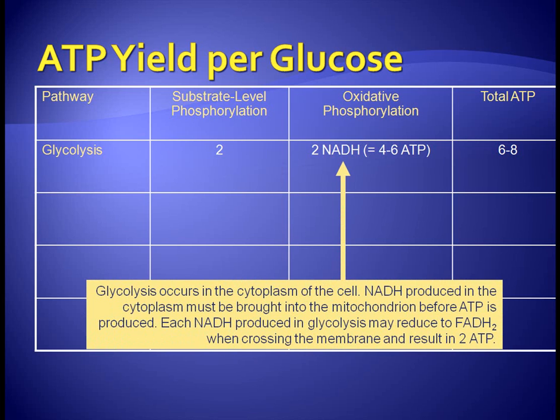In glycolysis, we're reducing NADH, but quite often when the NADH has to cross the membrane, it may be converted to an FADH2 molecule, and in essence loses a little bit of its energy yield, producing only 2 ATPs per molecule instead of 3.